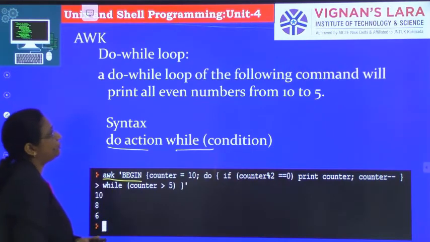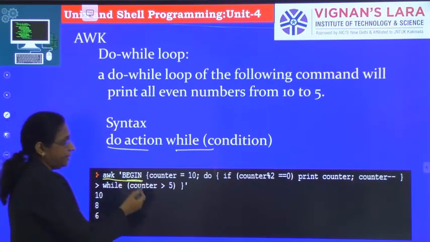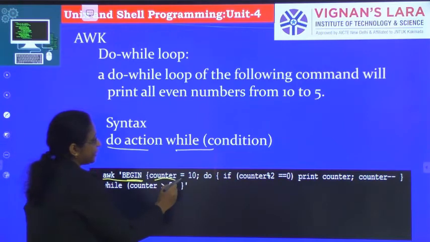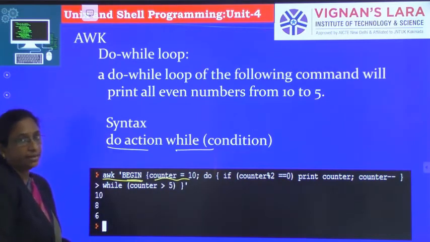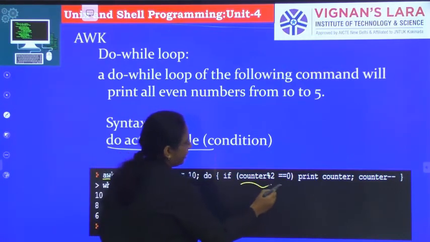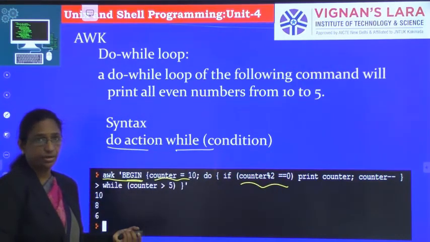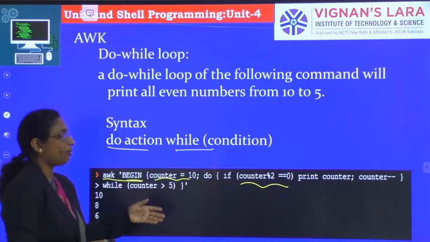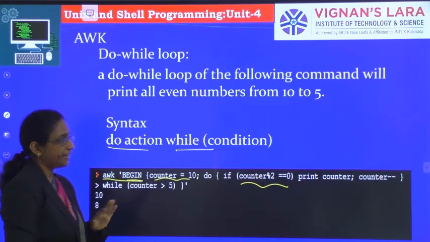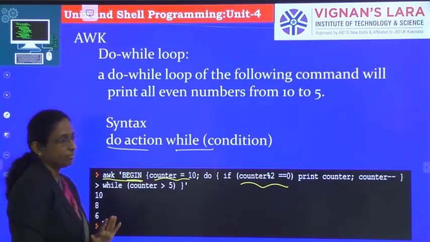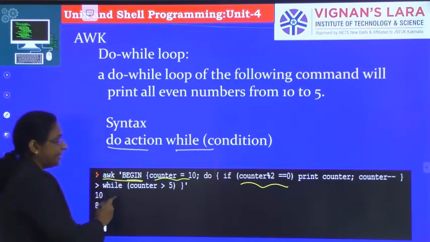So here awk BEGIN, we are again initializing the counter value to 10. Then do, if counter mod 2, and we have already said we can use the arithmetic operators, if counter mod 2 is equal to 0, print counter. The counter value will be printed.